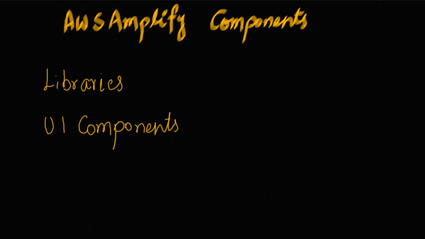The AWS Amplify framework comes with three different components: libraries, UI components, and CLI toolchain. Components can be used together or they can be used on their own.